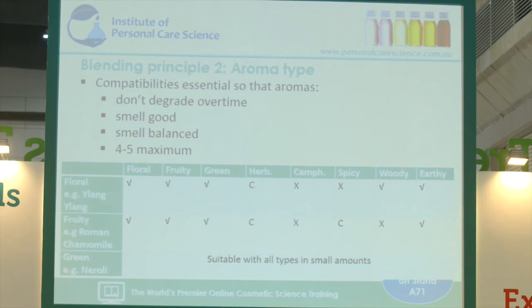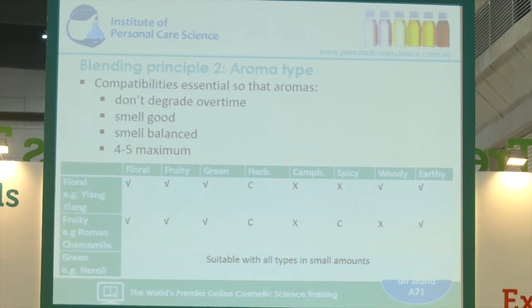So for example, you could combine ylang ylang, which is a floral note, and also predominant in middle notes, but it does carry over to top and base as well. It is compatible with a green note. So you can see here, compatible with a green note, for example, neroli. And we could combine it with a woody base note.